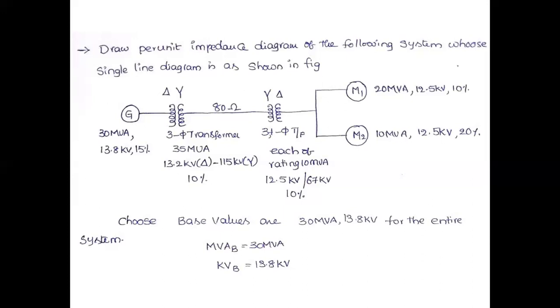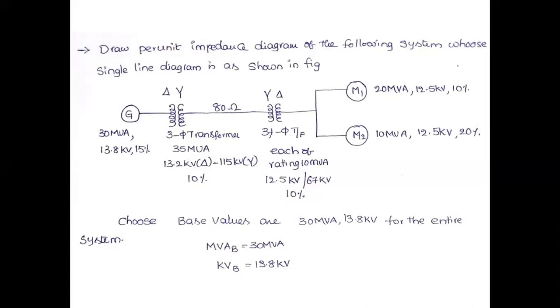In this particular case, the first transformer is a three-phase transformer, and the connections are given as star and delta. So 13.2 kV is the voltage with respect to the primary, and 115 kV is the voltage with respect to the secondary, that is the star connected side.